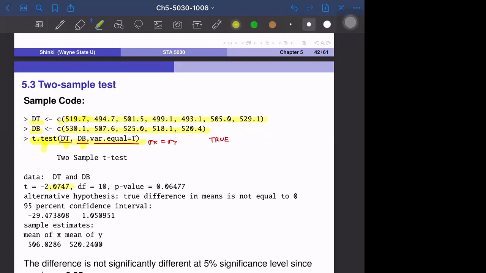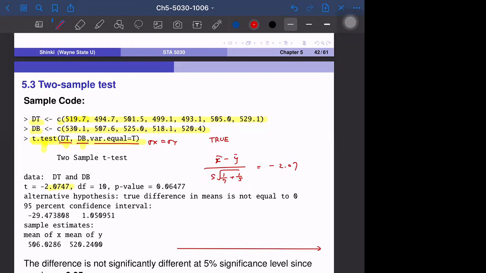So we calculate x bar, y bar, then take the difference, and s times the square root of 1 over 7, since we have 7 schools, plus 1 over 5. You calculate s, then this becomes negative 2.07. If you remember the normal distribution, the 95% rule is plus minus 1.96.